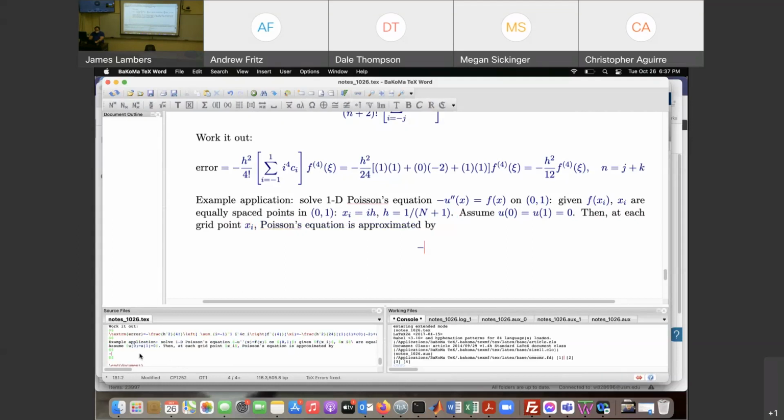So we have minus, and then I use the standard difference I just showed you for the second derivative, u(x_{i-1}) minus 2u(x_i) plus u(x_{i+1}), all over h squared, is equal to f.